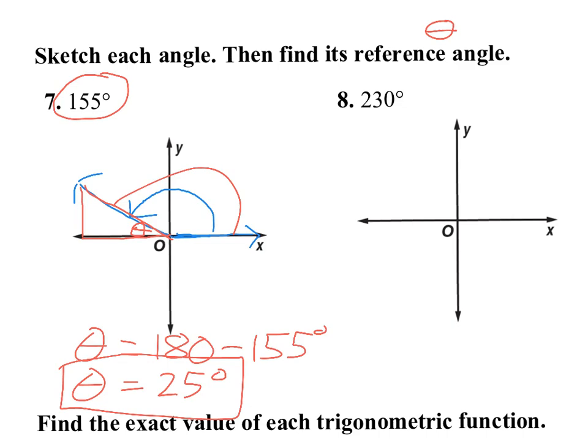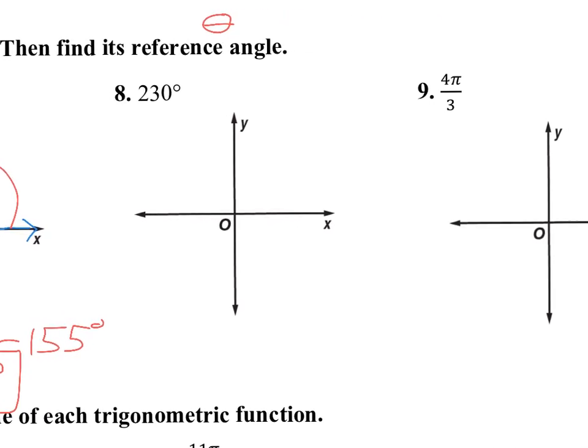Okay, for number 8, start with the initial side. Rotate counterclockwise. This is 180. I go 50 more. So I sketch the angle. Now I draw the triangle using the bow tie rule.